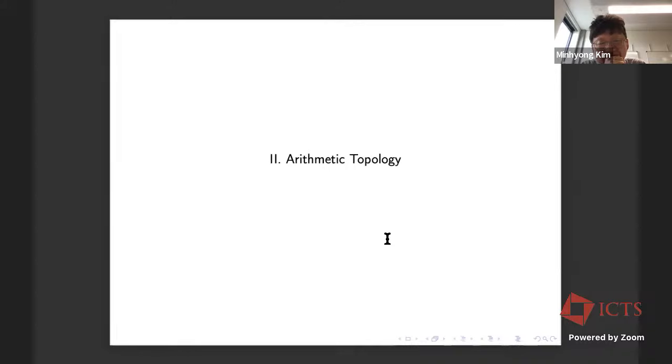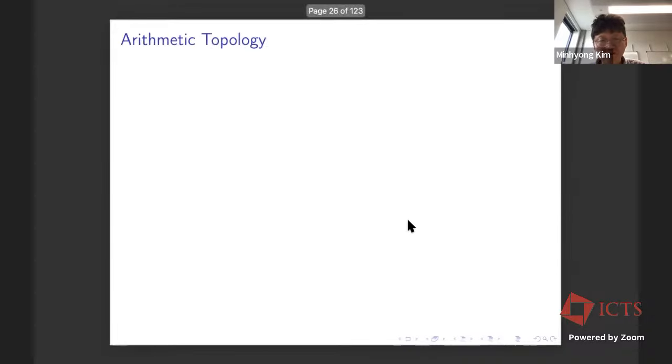And now I will review another topic, which used to be kind of a curiosity, and I think it's becoming more interesting and important in the last 10 years or so, sometimes called arithmetic topology. There are many different angles to this story as well, and I'll just focus on one.